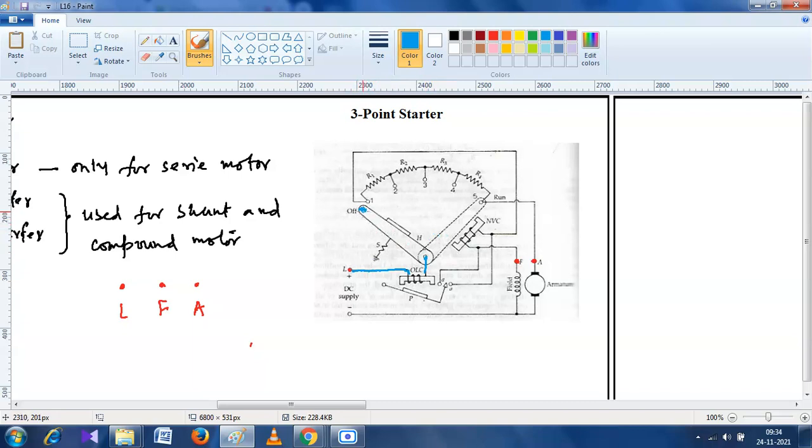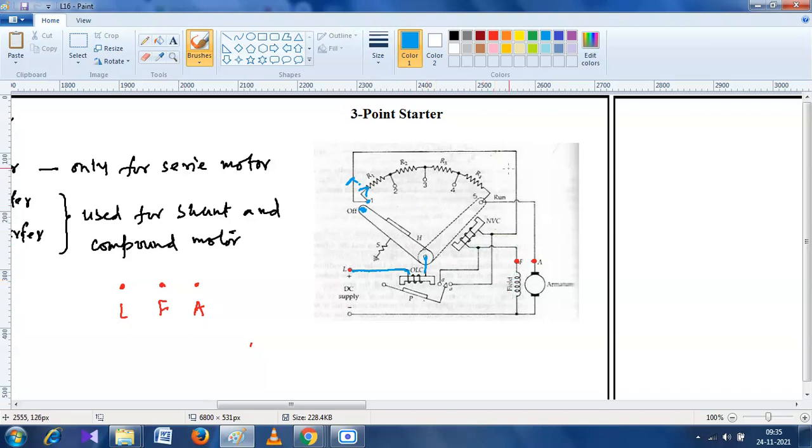So after that, we push it to, say, position 1. What will happen? The current will flow through that path and also through that path. What is the path? In this path the current will flow and go to an NVC coil, and the name of that NVC coil is no voltage coil. And after that it will flow through the field.